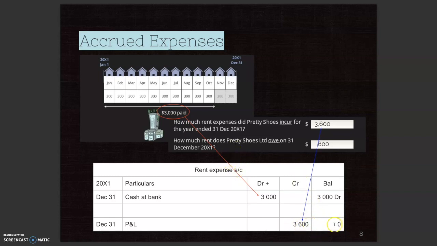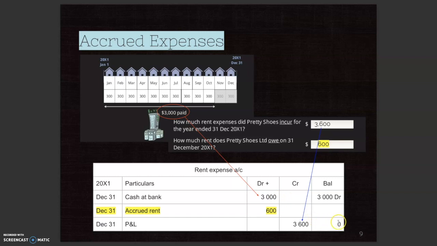Alright, so remember that all income and expense accounts have to be reset to 0 at the end of the year. So here there's a clear imbalance, okay, because there is some owing, $600 owing. Okay, so if you recall, we will put the $600 on the debit side so that the total debit and total credit will be the same amount.